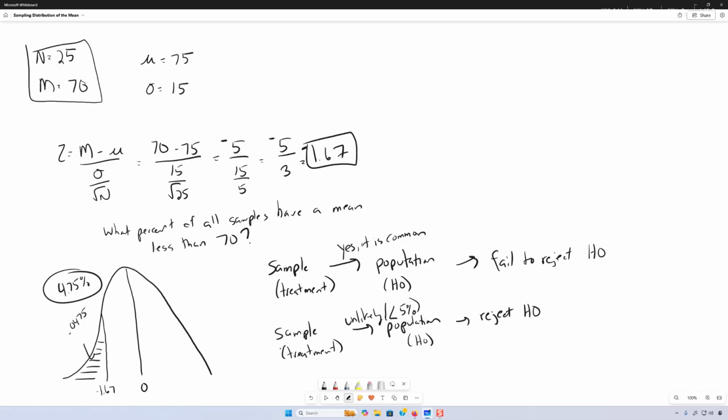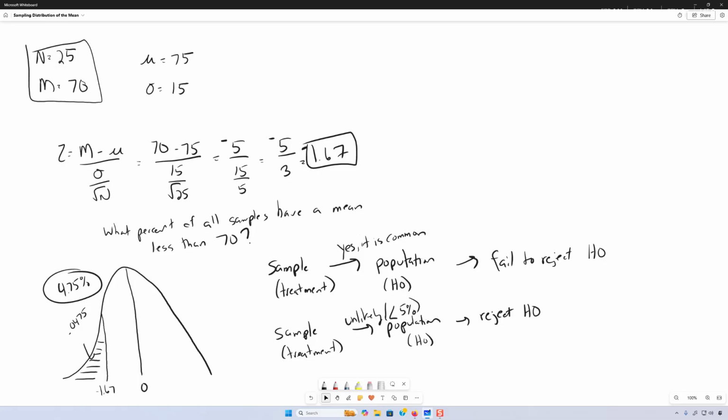So it's always comparing our sample, which represents the treatment or the intervention, because that's what we're doing our intervention on. We're doing the intervention on the sample, not on the population. Population is too big. We do our treatment on the sample, and then we compare that sample to the population where the null is true, where there's no effect, the intervention doesn't work.